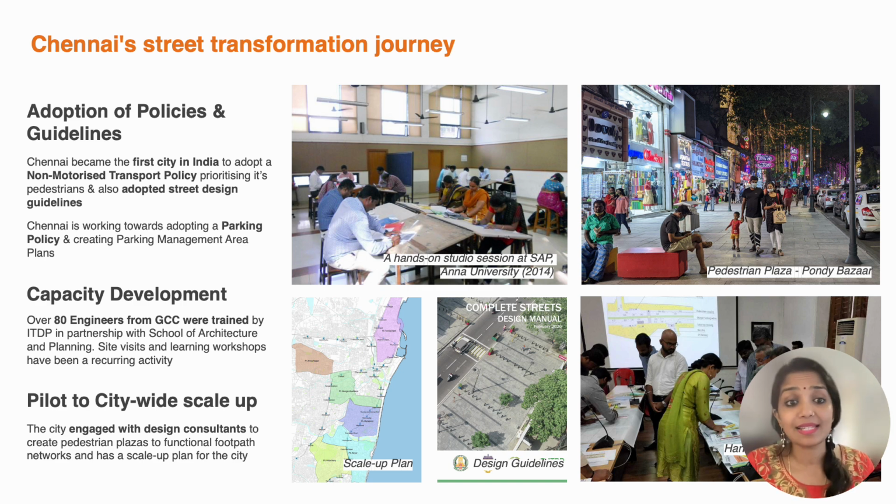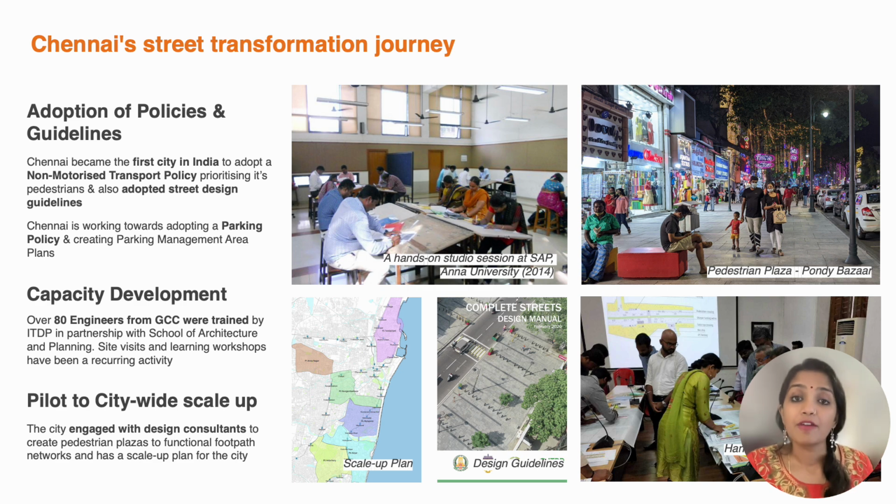Since then, the city has adopted street design guidelines, is now working towards a parking policy and creating parking management area plans. The city has been very keen to continuously train the engineers who are working on this. They collaborated with Anna University, a respected university in the city, to train the engineers in a structured manner.